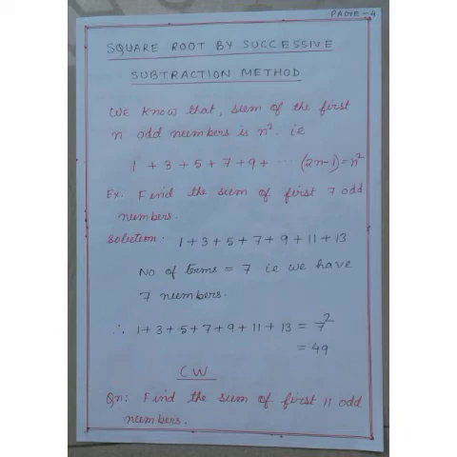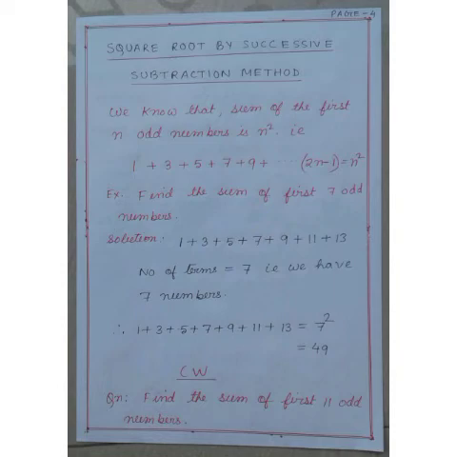1, 3, 5, 7, 9, 11 and 13. There are 7 odd numbers. So if I find the square of 7, we get 49. So the sum of the odd numbers is equal to the number of terms to the power 2, that is 49.